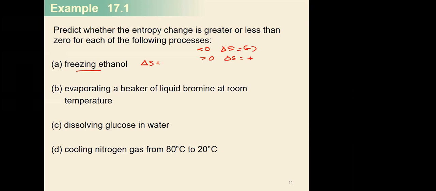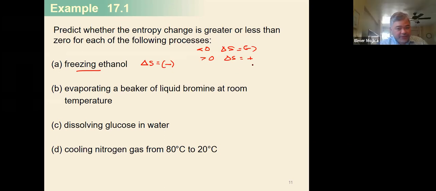Negative. Is it negative? Okay. Anyone else with an answer? So if you look at this, you have ethanol going from a liquid becoming solid. So it becomes more ordered, so your delta S is negative.